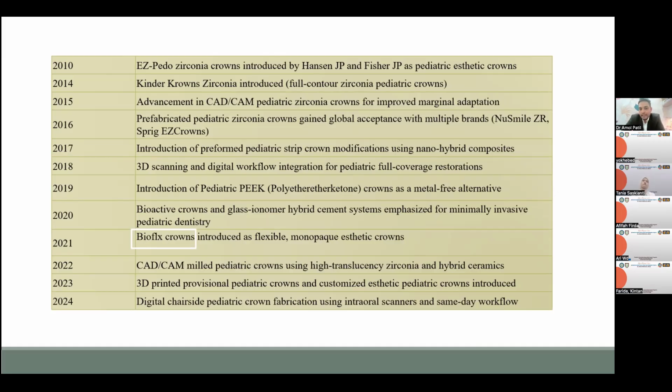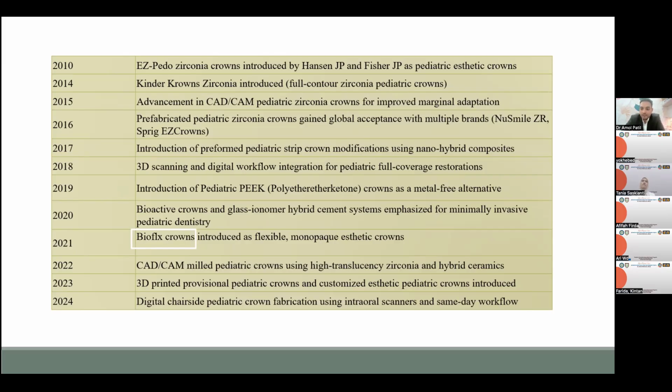Around 2018-2019, Figaro crowns, the first flexible crown, were launched, but they didn't go well. The reason was there was too much wear of the crown, and within the first 6 months the crown was showing wear of the material, because of which it was discontinued from the market.